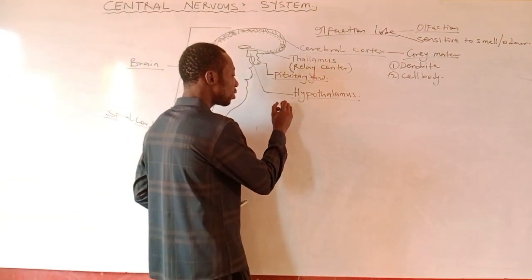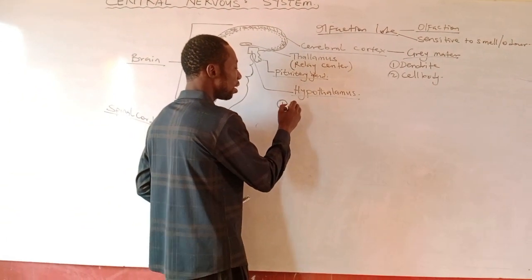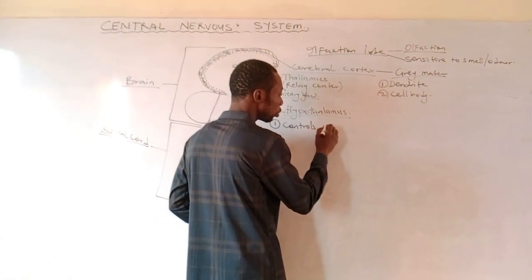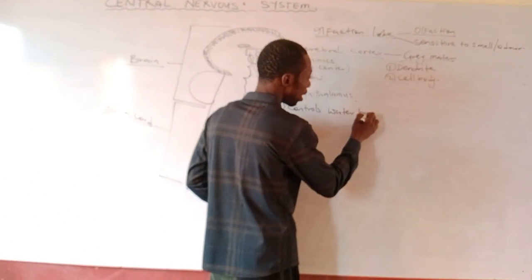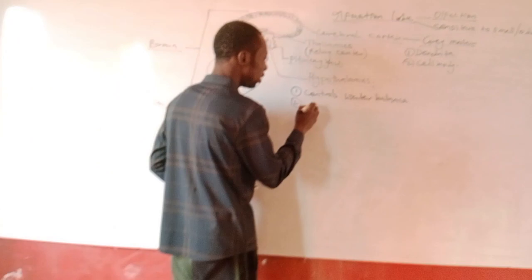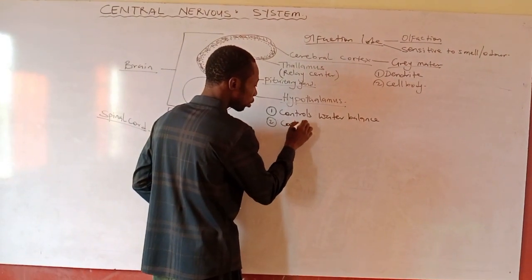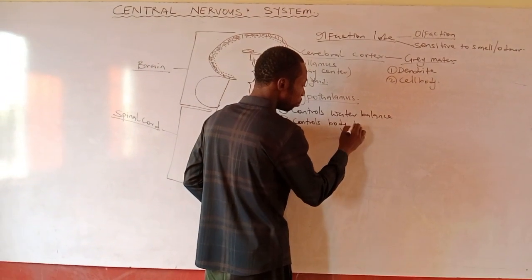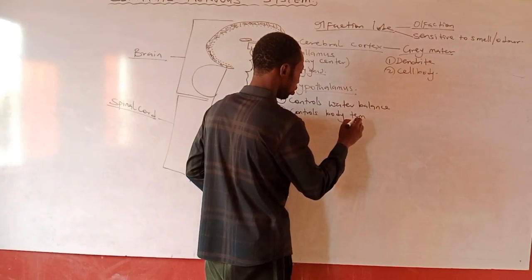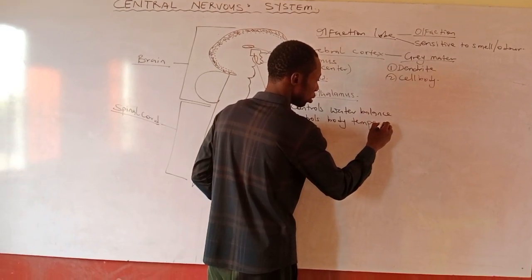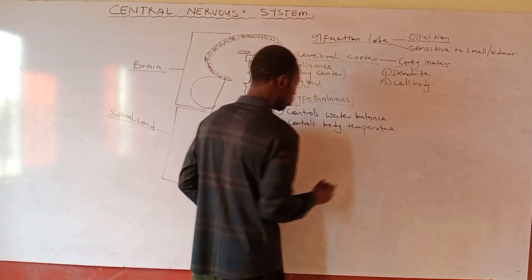Number one is that the hypothalamus controls the water balance of the body. Secondly, the hypothalamus controls the body temperature.